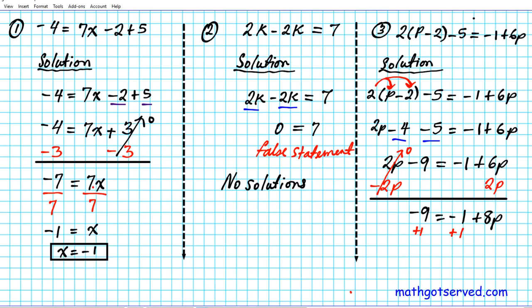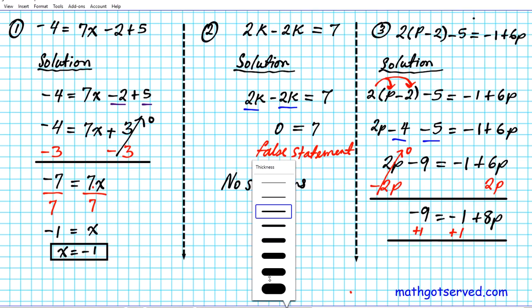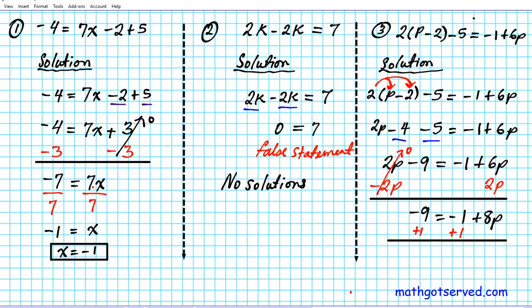If you add 1 to both sides of the equation, you are going to end up with negative 9 plus 1, the signs are different. You subtract, keep the sign of the bigger. Oh, quick correction.